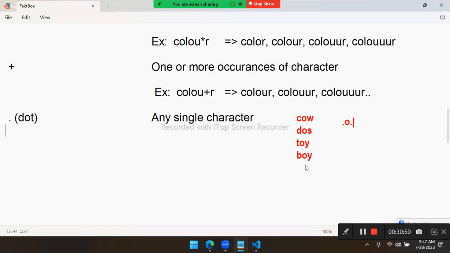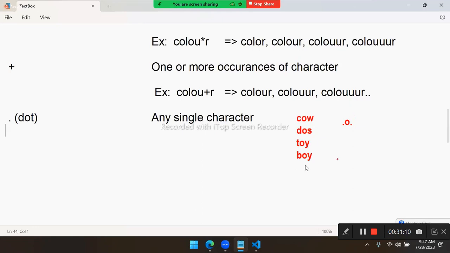This dot represents any single character. In that case, it is not only just C, D, T, B or something. It can be 1, 2, 3, 4 numbers also. It can be special characters also. It's not that only these.